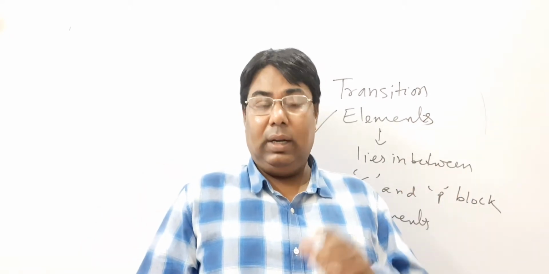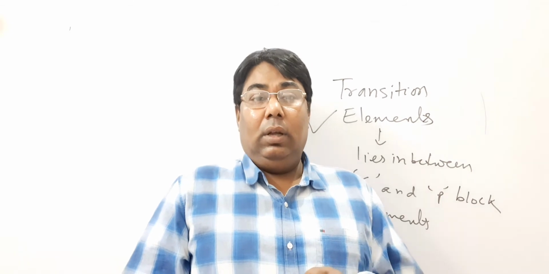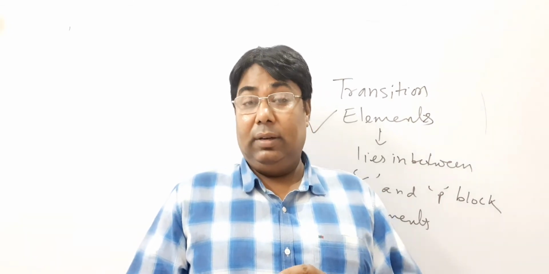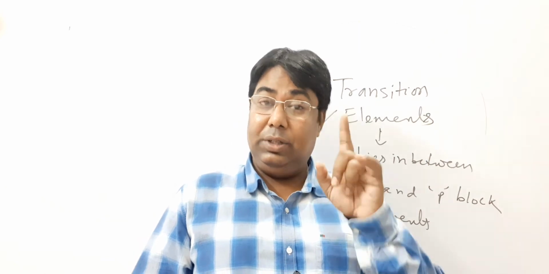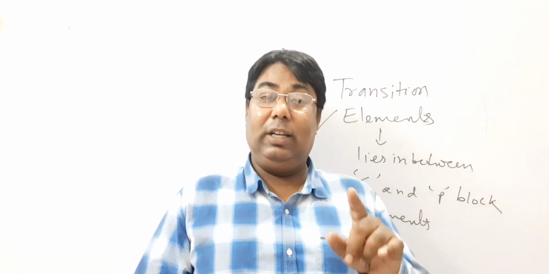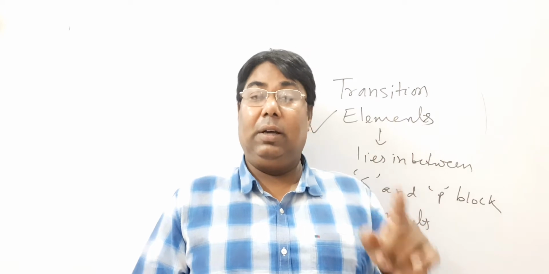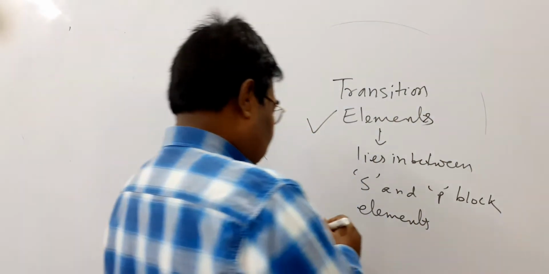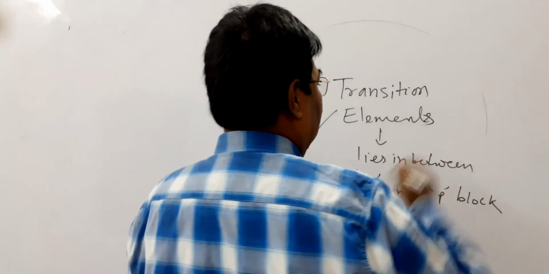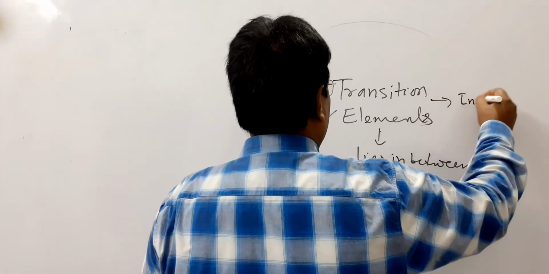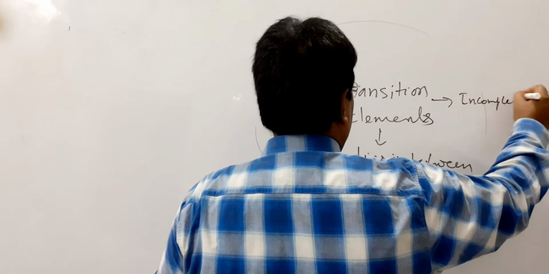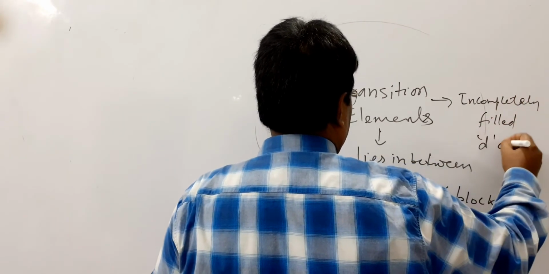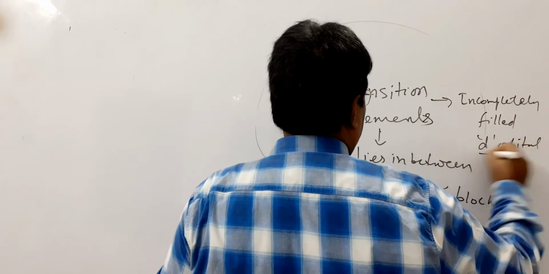Now, another thing: they also have incompletely filled d orbitals. So the characteristic property of transition elements is that they must have incompletely filled d orbitals.